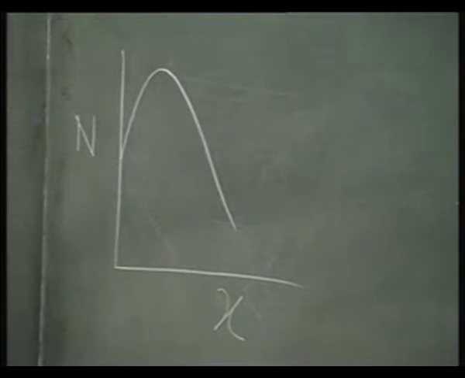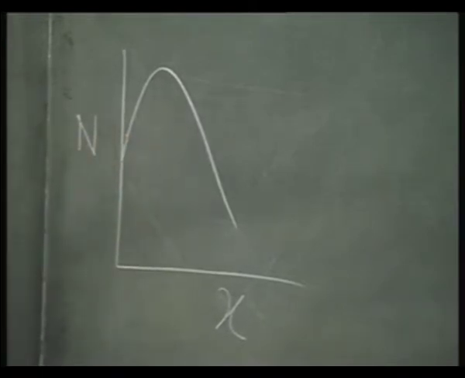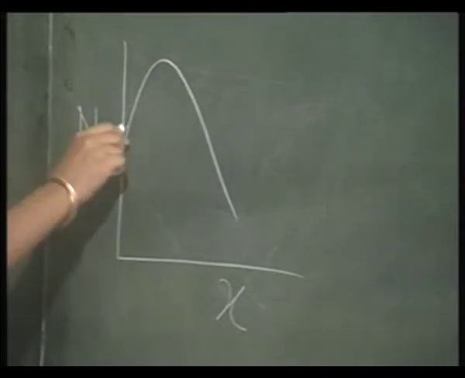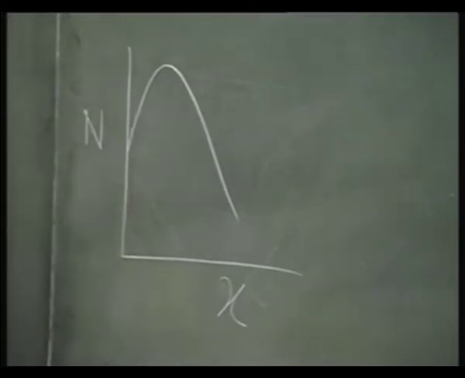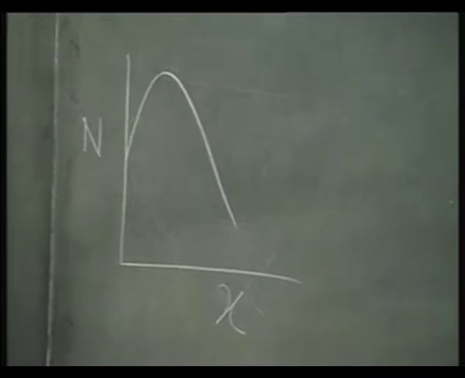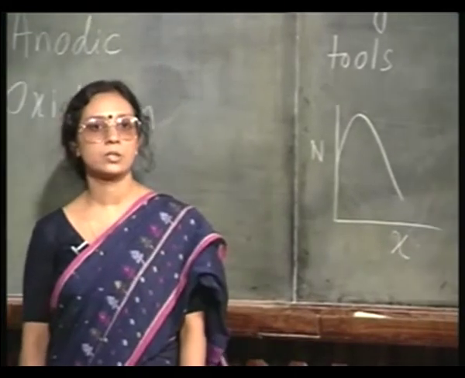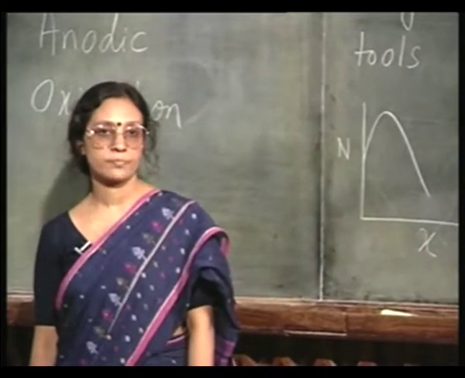Now, if I want to find out about this doping profile, one way will be to measure the surface properties of the sample, measure the surface sheet resistivity for example, then etch the surface and again measure the sheet resistivity, and from this difference in sheet resistivity one can calculate the doping concentration.